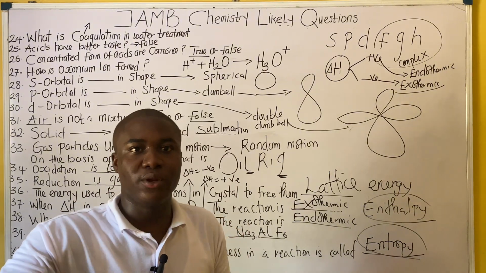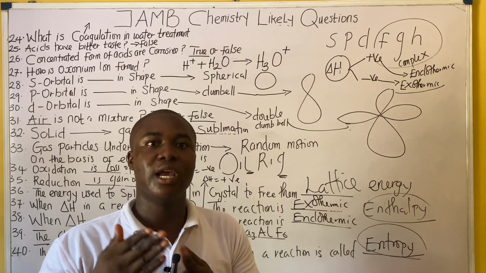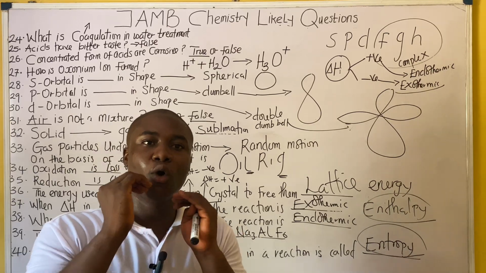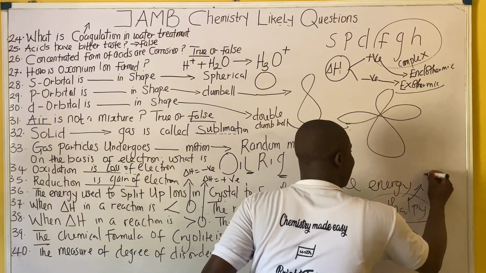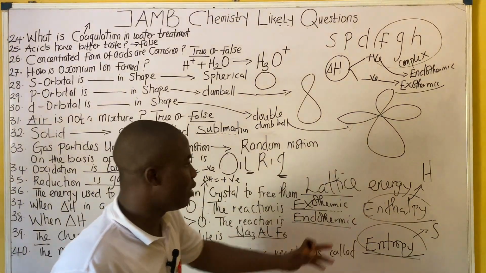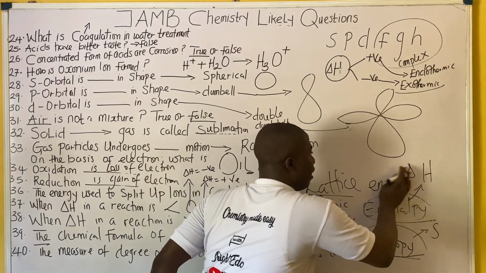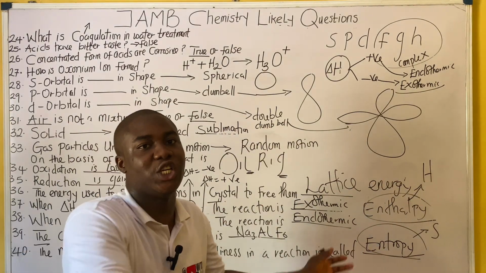In subsequent videos, I'm going to explain more on the concept of spontaneity of a chemical reaction, so you understand perfectly about enthalpy and entropy. Enthalpy is symbolized as H, entropy is symbolized as S. So when I put change in them, it's going to be delta H, delta S. So change in enthalpy and change in entropy.